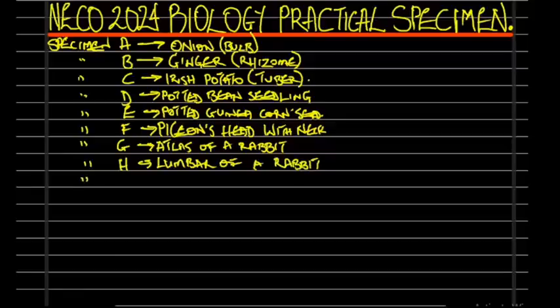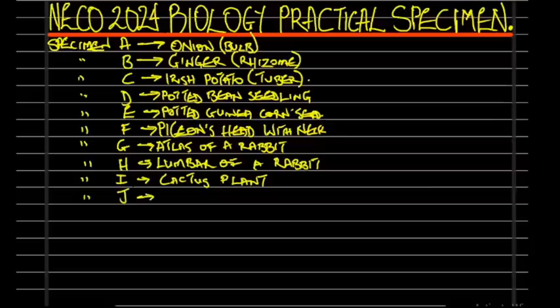And then our specimen I. We have our specimen I to be the cactus plant. That is what we are given as our specimen I. And then we have our specimen J. Our specimen J happens to be the water lettuce.